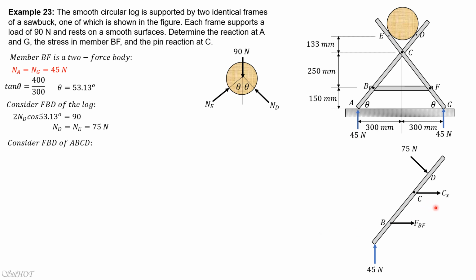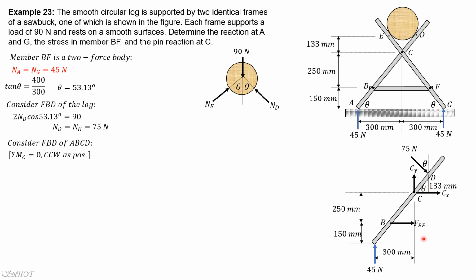Then at C, we have this angle theta, and this vertical distance 133 mm. So if we sum up moments about C, we can solve for F_BF. We have C_x and C_y at C, of course. And this distance CD is 133 over sine of theta. That's also theta. So summation of moments about C equals 0.